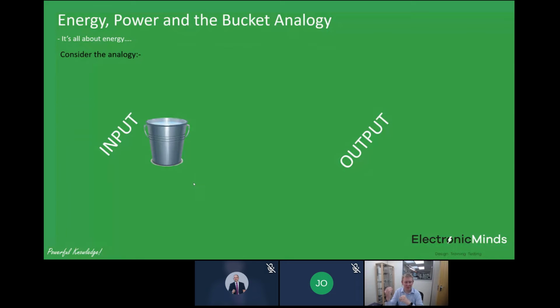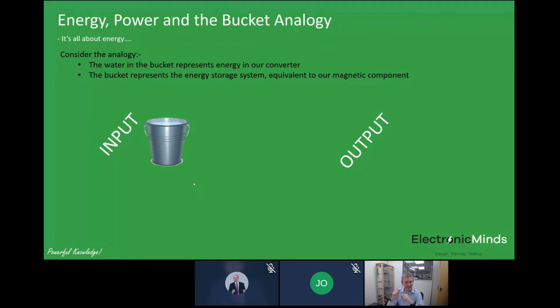And in my analogy, in my happy world here with my bucket, the water in my bucket represents energy in our converter. The bucket itself represents the energy storage system, which in the world of our power converter actually is our magnetic component typically.